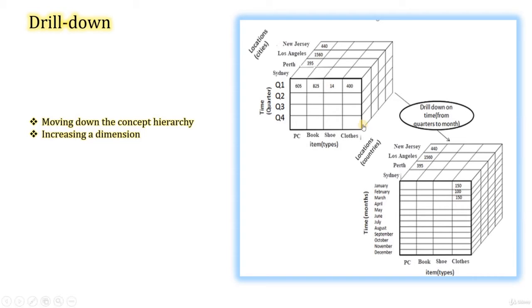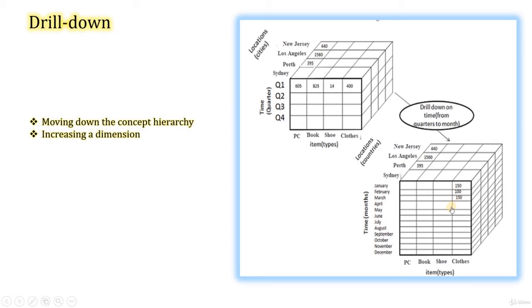Consider this diagram. Quarter one is drilled down to the months January, February, and March. As you can see, the quarter one value 605 is split into three different months: January 150, February 100, and March 150. These are the sales figures for each month.